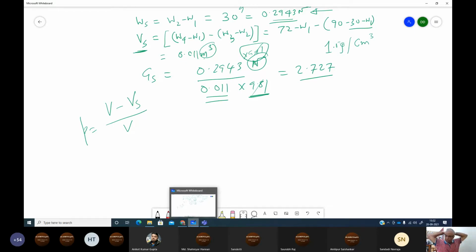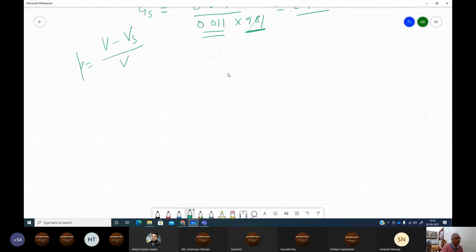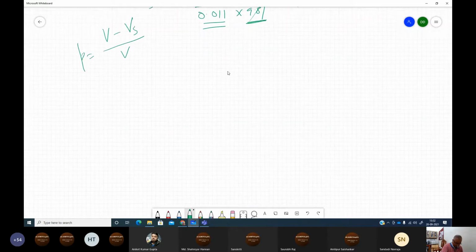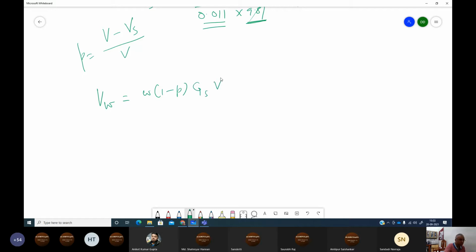There are some more relationships which are very, very important, and one of these relationships I am not sure whether I gave you last time or not. This is the volume of water. We can also find it as w(1 minus P) Gs into total volume.